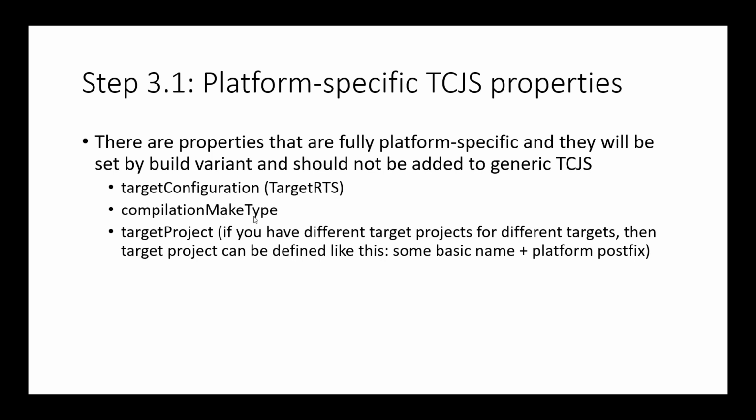Then compilation make type is also platform specific, and you don't need to set it anymore. So this will be done by a corresponding build variant. And also target project. Sometimes, maybe quite often, you have different target projects for different platforms. That means that the name of the target project is platform specific, and it also should be set by a build variant.